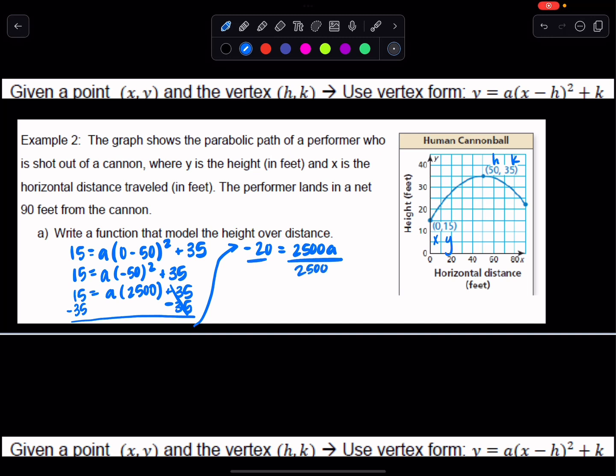And then divide by 2,500. I know those zeros cancel. And then 2 over 250, I can divide both of those by 2. So that'd be negative 1 over 125 for a. So my function is y equals negative 1 over 125 times (x minus h, minus 50) squared plus k, 35.